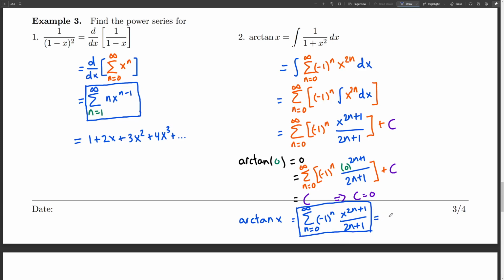And if you want to write out the first few terms, you get x minus x cubed over 3 plus x to the power 5 over 5 minus etc.